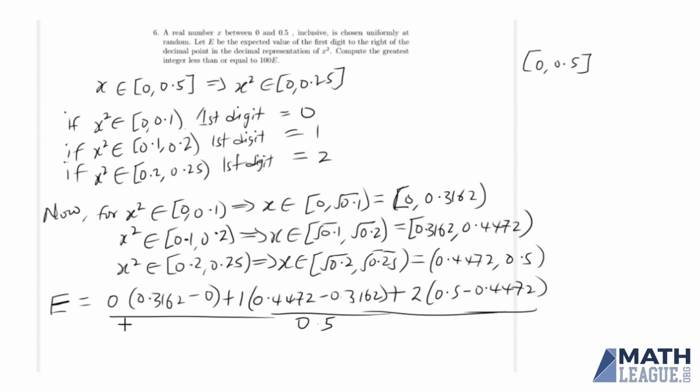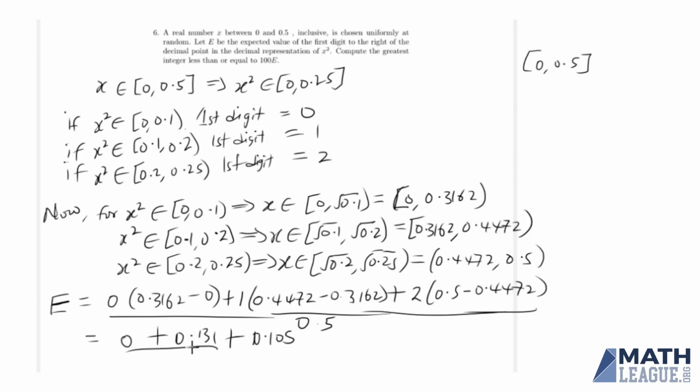If you do this calculation, we have 0 plus 0.4472 minus 0.3162, which gives 0.131, and 0.131 times 1 is just 0.131. Plus 0.5 minus 0.4472 gives 0.0528, and multiplying that by 2 results in 0.1056.